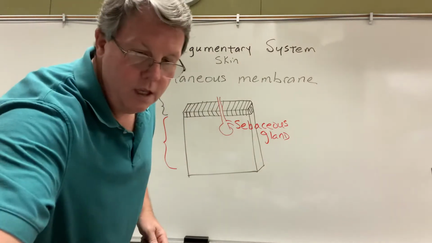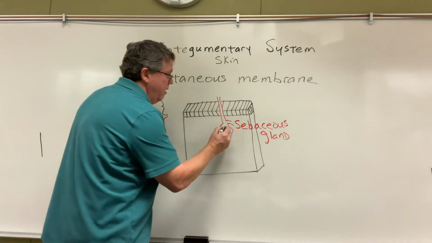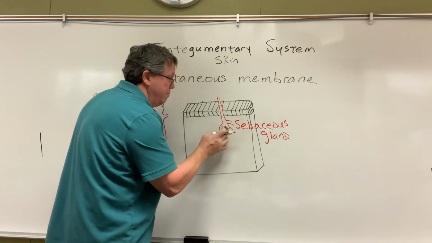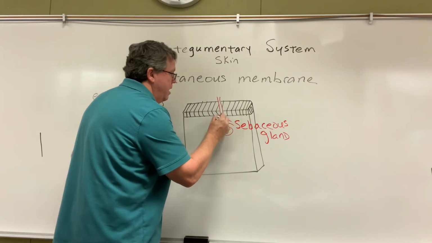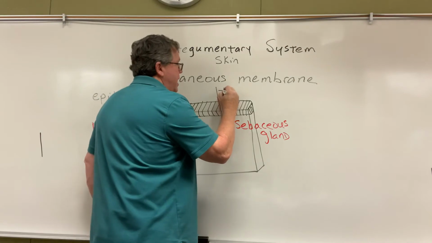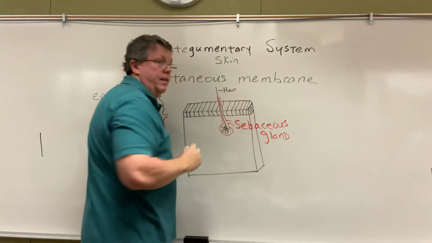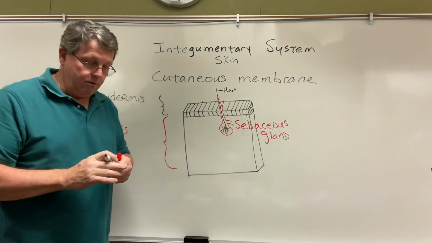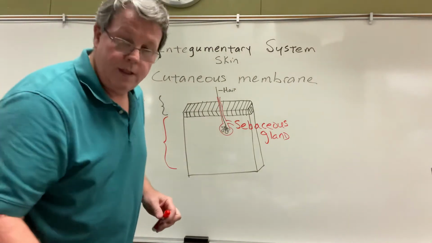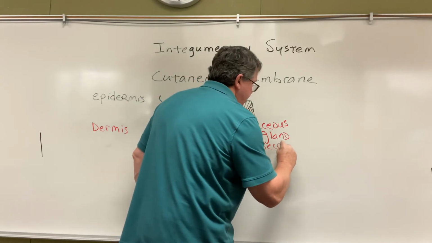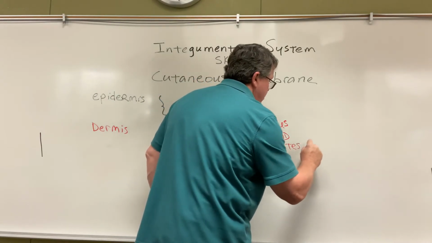So let me draw my hair right here. Here's basically the cells that make the hair. And then here's my hair that sticks up like this. So this would be hair. Okay, so there's my hair. Okay, the sebaceous gland, like we said, secretes oil. And that's to keep your hair and your skin moist.